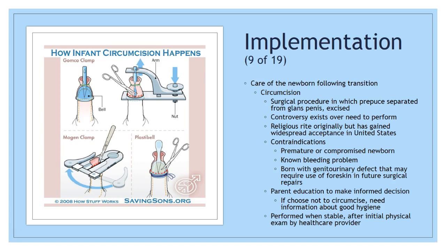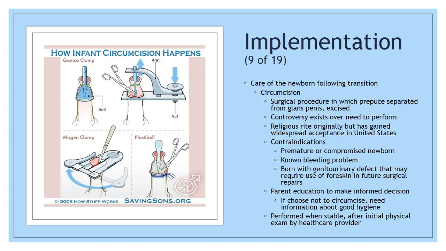We perform circumcisions whenever the baby is stable and after there has been an initial physical exam by the healthcare provider. We would never do this when a newborn is transitioning to extrauterine life. We want them to take care of their respiratory and their cardiac transitions before we cut their foreskin off.